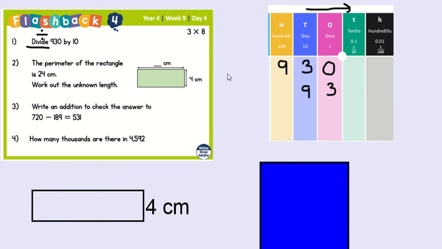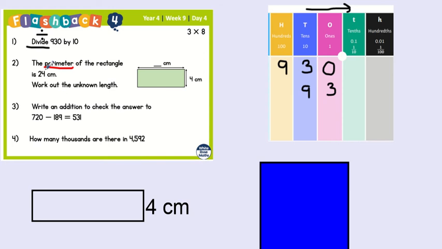Okay, let's have a look at number 2 then. We looked at the perimeter on Tuesday together. So hopefully you've seen perimeter. And perimeter, you're looking at the distance around the outside of a shape. And in this case, we're looking at a rectangle.